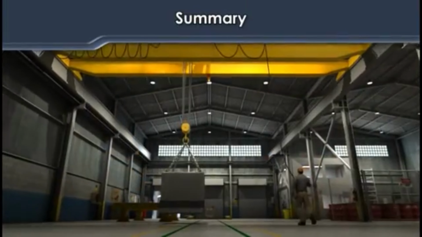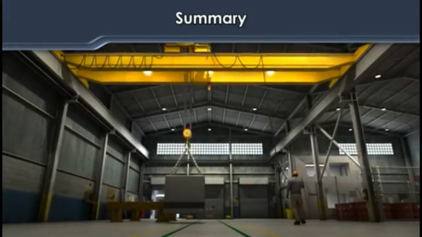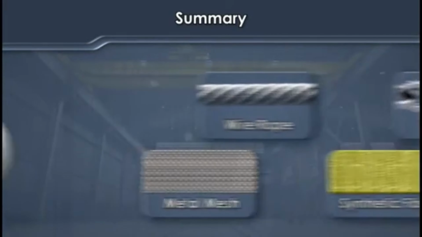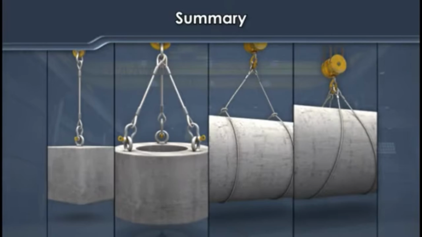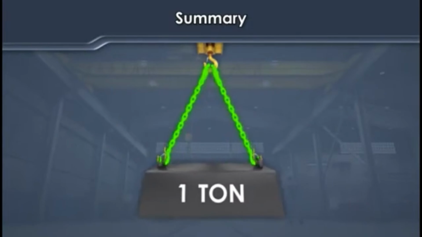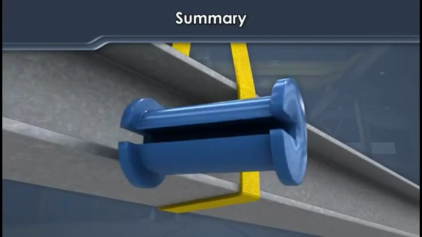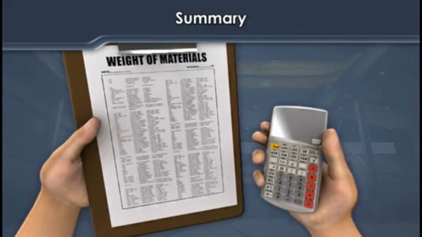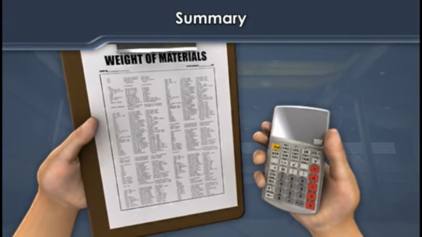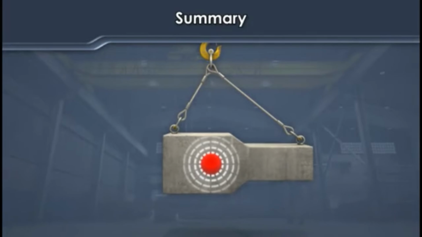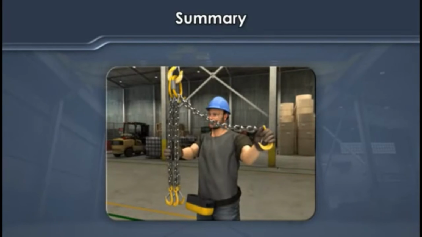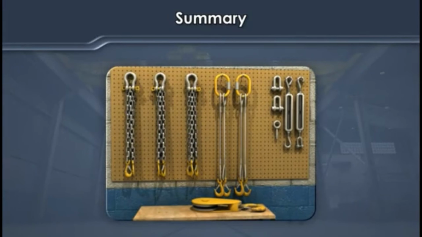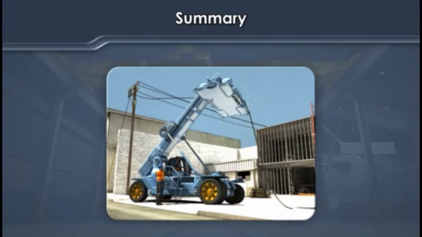In this module, you've learned some basic rigging principles, including the importance of knowing what type of sling to use, the importance of knowing what type of hitch to use, how the sling angle affects rigging, how the load edge sharpness affects rigging, the importance of knowing the rigging capacity and the load weight, the importance of load stability, the importance of inspecting all rigging components before use, the importance of proper storage, and the dangers of electricity.